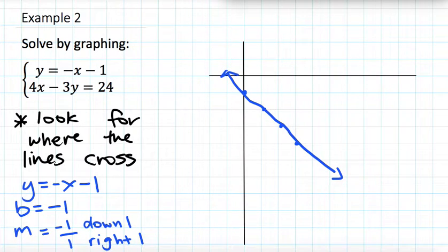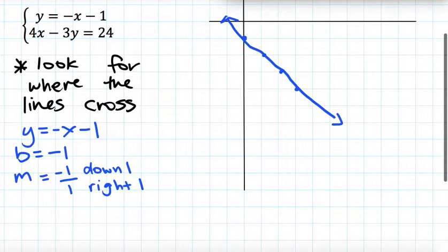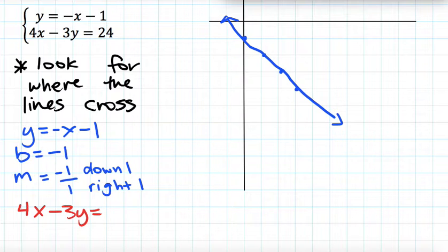Now I'm going to graph the second line. My second equation is 4x minus 3y equals 24. This is in standard form because x and y are on the same side of the equation. So I'm going to use the cover-up method. When we cover up the y, the equation that I get is 4x equals 24.